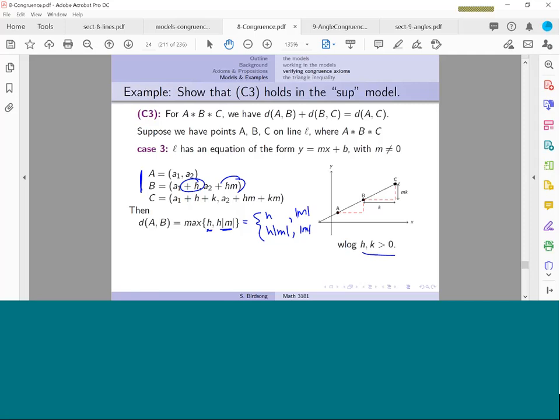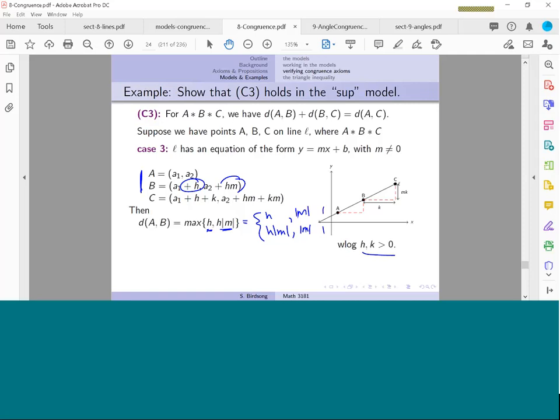Now, if you compare these two guys, think of your h as like, I don't know, a 2. So if you've got 2 versus 2 times the absolute value of m, when would 2 times the absolute value of m be bigger? Yes, you compare it to 1. So if the absolute value of m is bigger than 1 or smaller than 1, what happens? When is h the bigger one?